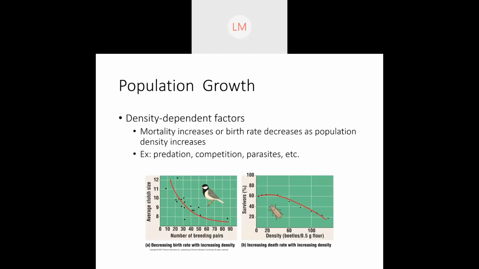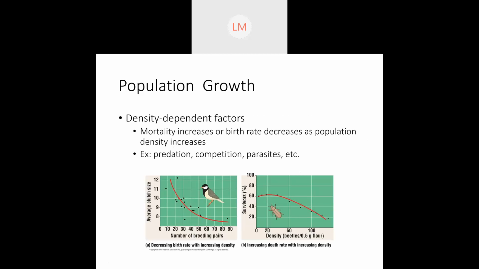So this could be predation, right? As you are becoming a larger population, it's going to be much easier for predators to eat you because there's more of you, right? Easier to catch if there's more of you. Competition is going to be important to consider. We talked about intraspecific competition as our population size increases, specifically referring to this density.